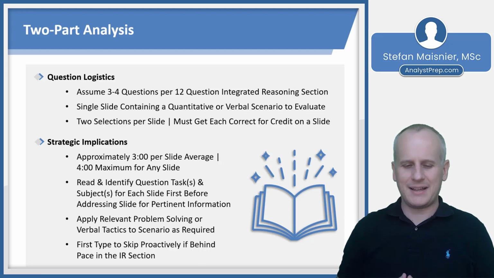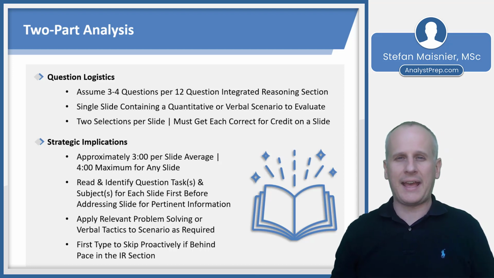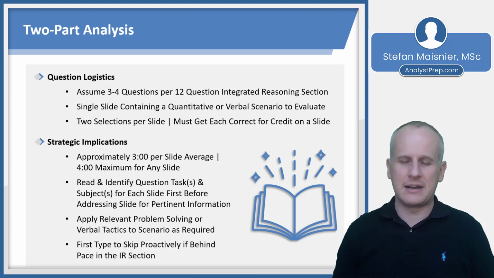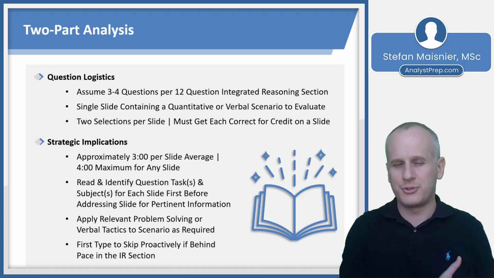So if you are behind pace and if you haven't already sacrificed 2 questions in that first half, you might look at a longer 2-part analysis scenario as an opportunity to gain back time and make sure that you're not going over that 15-minute limit and are getting closer to that 12-minute target for the first half.